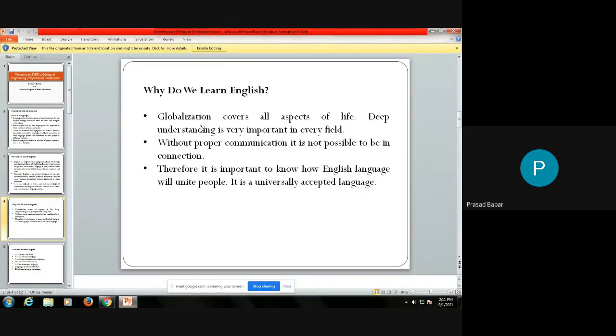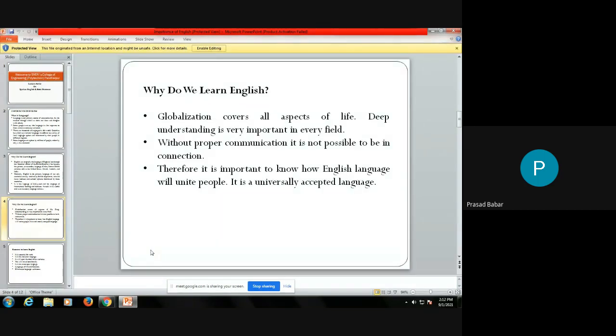There comes the language. With the language, we can communicate with others. So therefore, it is important to know how the English language will unite people. Okay, and that is why English has united all the world.